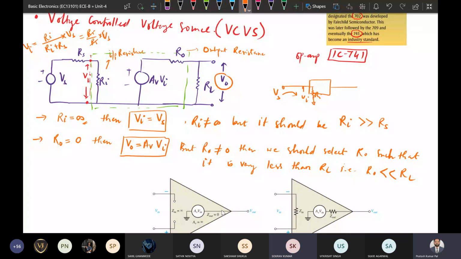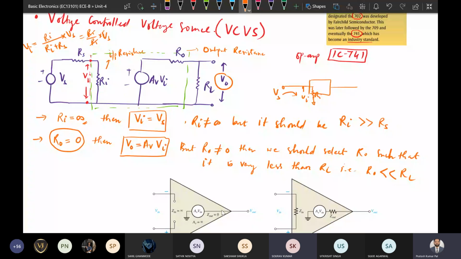Similarly, at the output, the output resistance of the voltage amplifier should be very much less than the load resistance we are applying. So the load resistance should be very high compared to R naught.